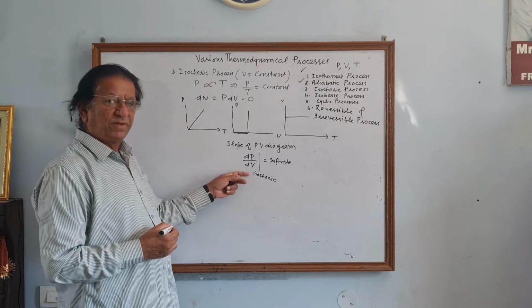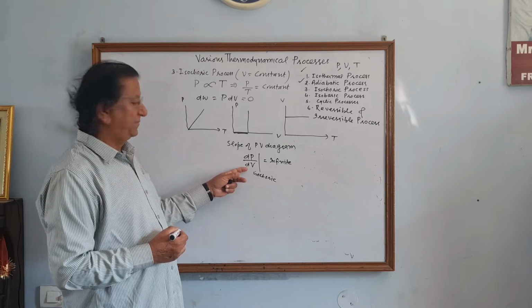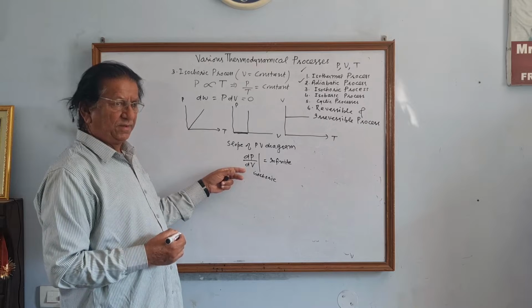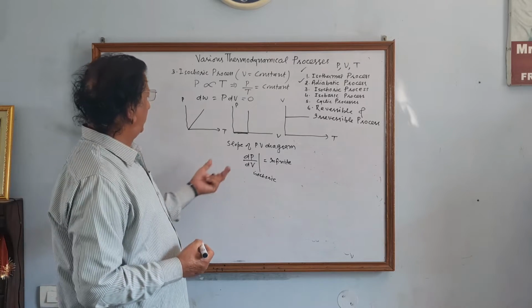The denominator is 0, since change in volume is not allowed in an isochoric process. You know anything divided by 0 is meaningless, infinity, undefined. So the slope will be infinite.